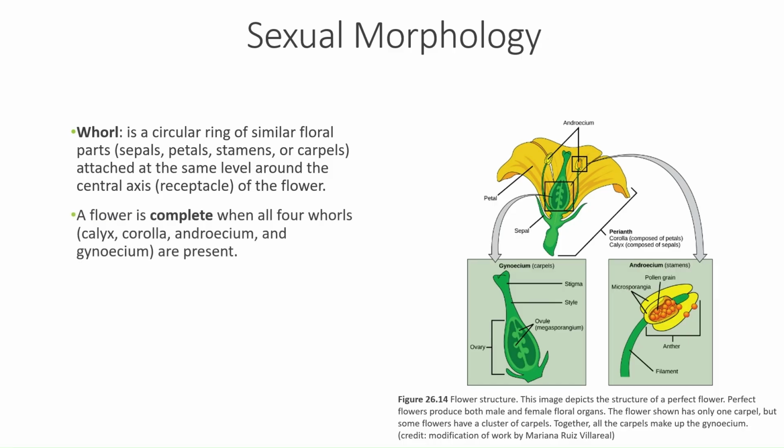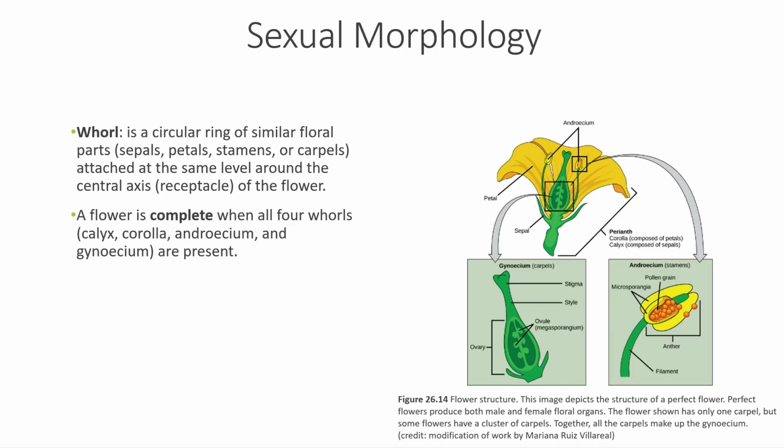A flower is described as complete when all 4 whorls are present. Those 4 whorls are the calyx formed by the sepals, the corolla formed by the petals, the androecium formed by the stamen, and the gynoecium formed by the carpels.